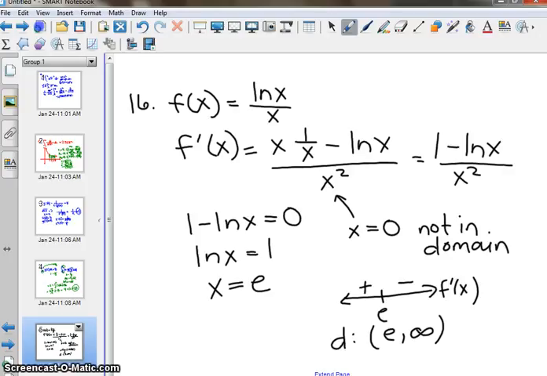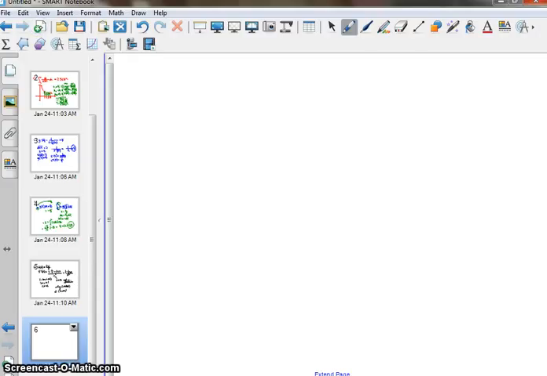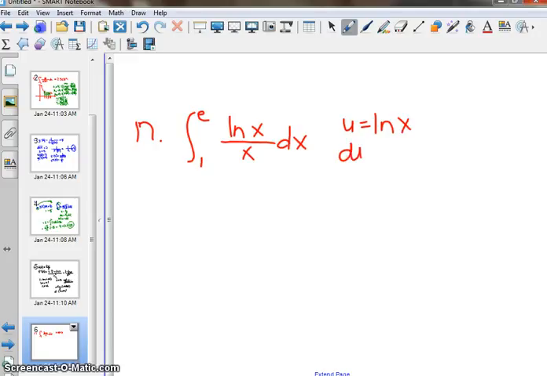And then last but not least, number 17. The integral from 1 to e of the natural log of x over x dx. u equals natural log of x, du equals 1 over x dx.